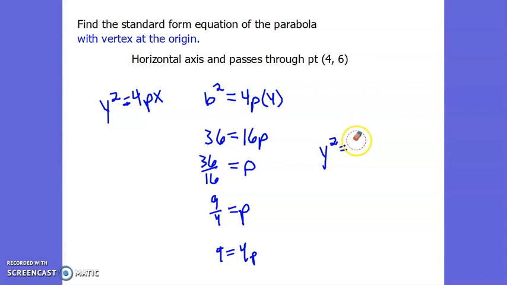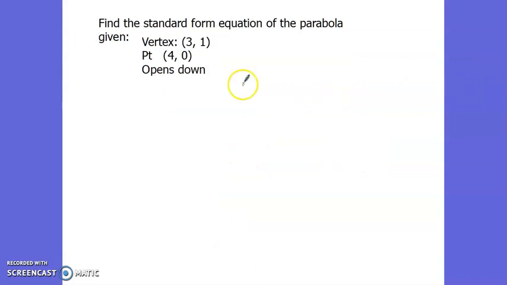We're just going to put in a 9 times x. And that should be the equation that will travel through this point (4, 6), but have a vertex at the origin. Again, if they give you a random point, plug that in for x and y, solve to find p. Let's look at that one more time.